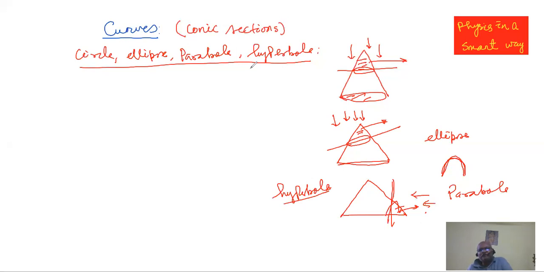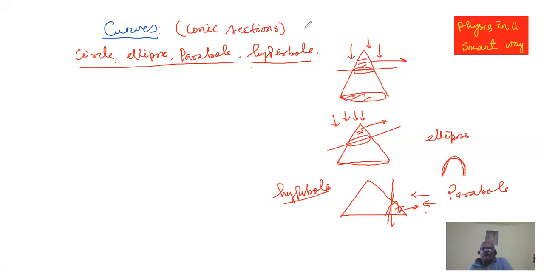Let me clear up the space and go to the curves one by one. One thing I must make clear: our main intention is to work on their equations. We shall not go into full-fledged derivations because they will be long and involved, and that is not our purview now.